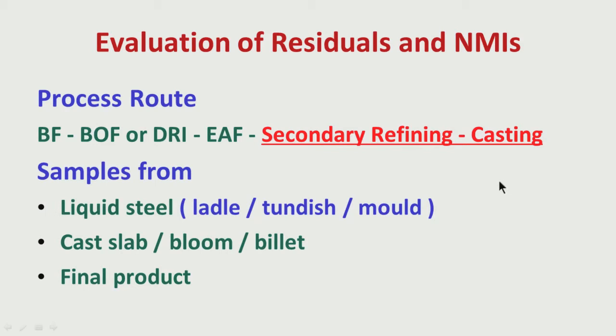So, we will be interested in getting the quality at the final stage of refining. So, we take samples either from the ladle or tundish or mold, basically the liquid steel sample at these levels, or we can take cast slab or bloom or billet samples. We can take samples from the final product as well.